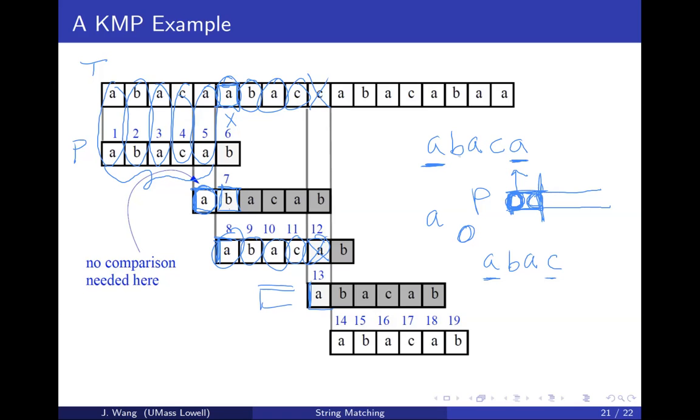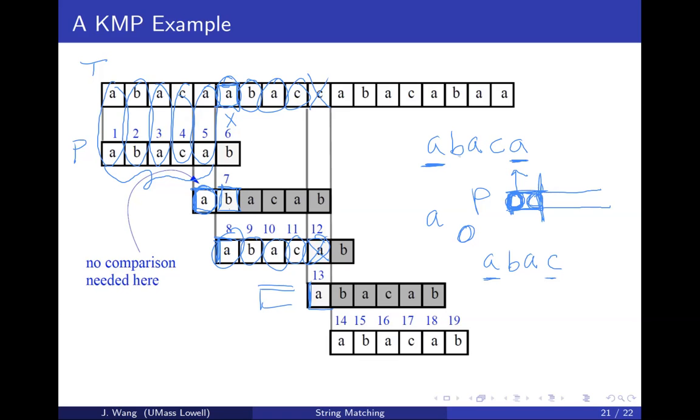Professor, I had a question here. Since the prefix is 0, shouldn't we just go to the next letter instead? Why do we even bother with number 13? If we know that the prefix and suffix don't match, there is no way that C is going to be the beginning.